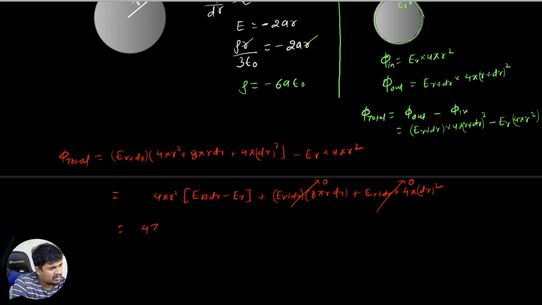So this is nothing but 4 pi R square times dE, the change in electric field. This much flux equals Q enclosed in that region by epsilon naught.